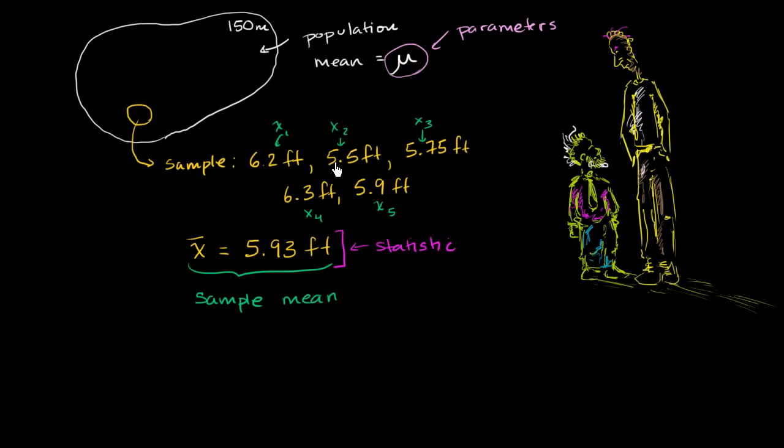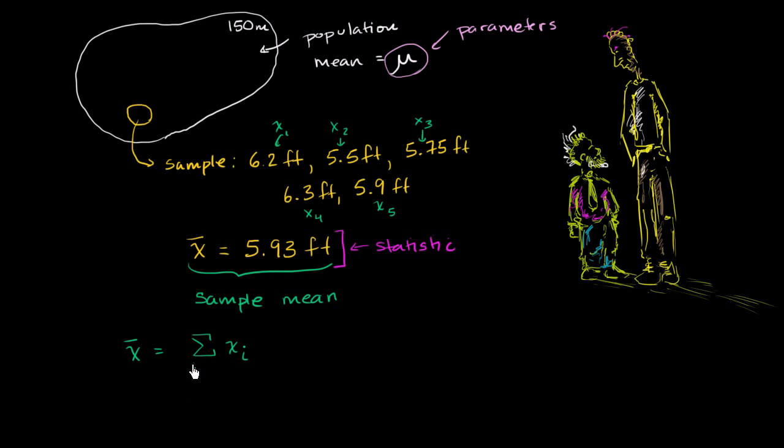And so to take the sum of all of these, they would denote it as the sum. Let me write it right over here. So they will say that the sample mean is equal to the sum of all of my x sub i's. The way you can conceptualize it, these i's will change.